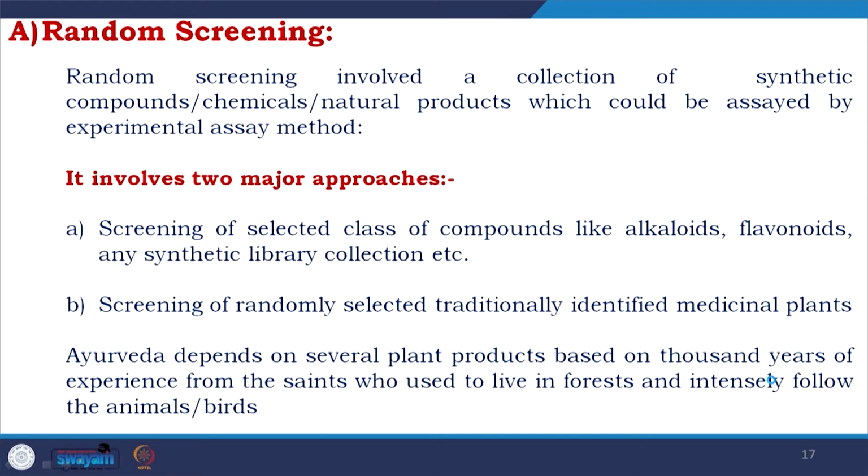So, they lived with the animals, with the birds. So, how or what are the processes the animals are applying when they have any problem, they have experienced them, then they did some experimentation, and all those are passing from one generation to next generation. That is the culture of Ayurveda.